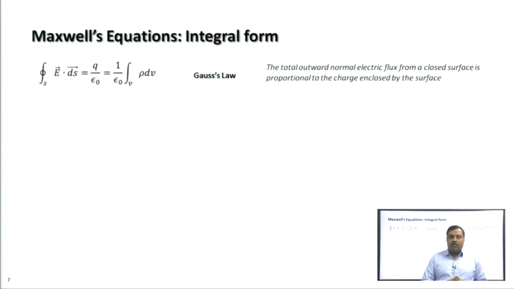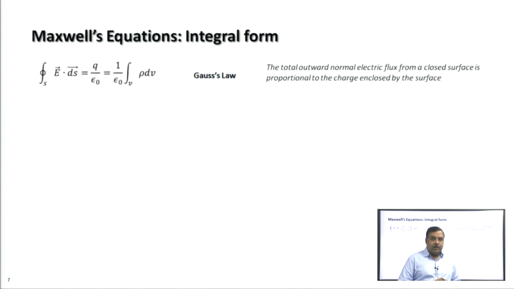In integral form, Gauss's law is surface integral E dot ds equal to q by epsilon 0, q is charge, or it can also be written as surface integral E dot ds equal to 1 by epsilon 0 volume integral rho dV.